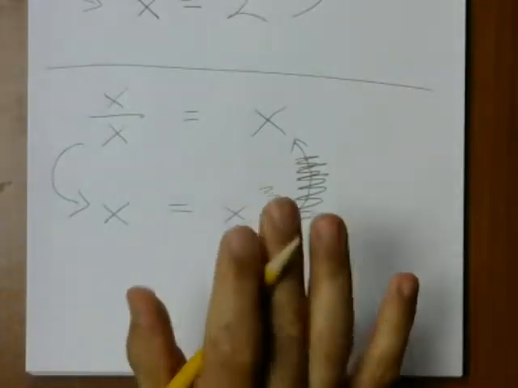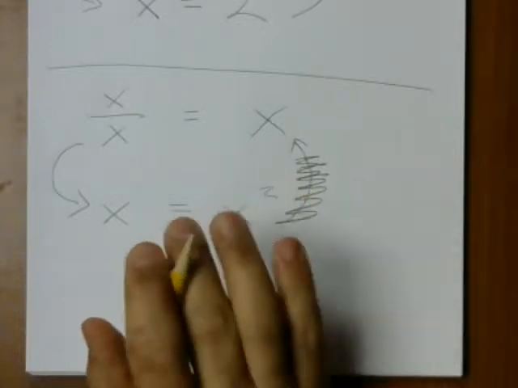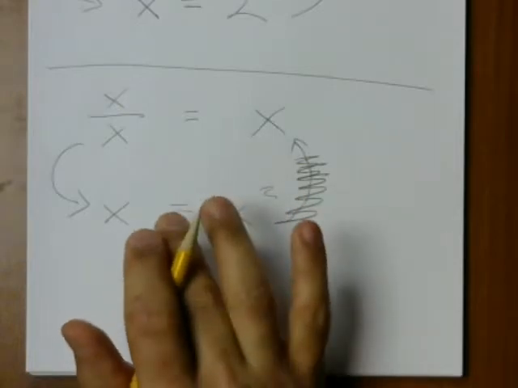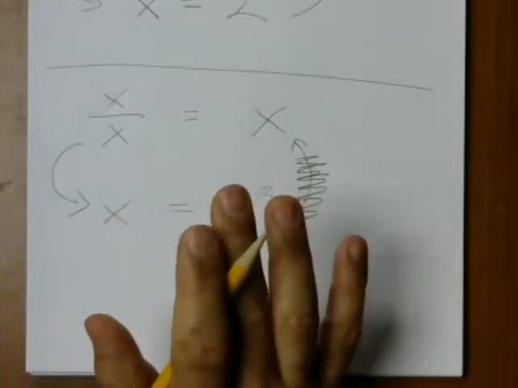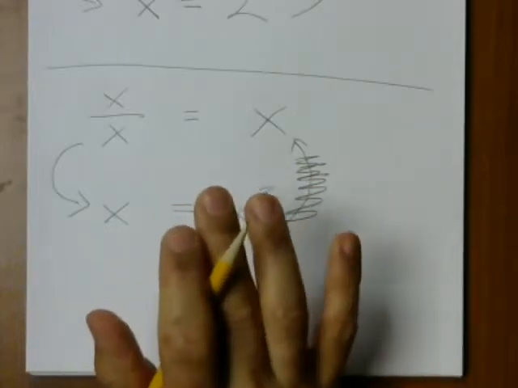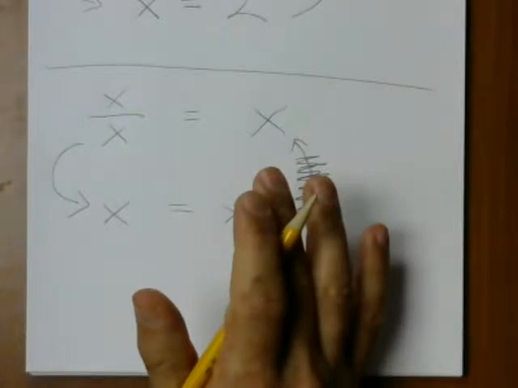Why is that? Well, we multiplied by an expression that involved a variable. And whenever you multiply by an expression that involves a variable, there are going to be some issues that come up whenever that expression could be 0. And sometimes there might be more than one number for which the expression is 0.